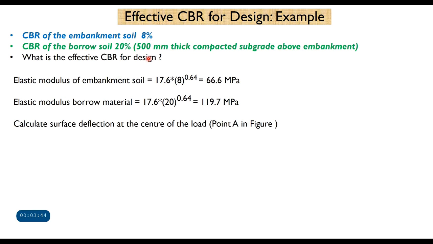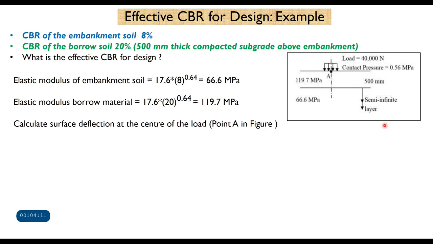For embankment soil, we determine the value of elastic modulus using this equation because it is more than 5%, and therefore we'll use 17.6 into CBR to the power 0.64, that is 66.6 MPa. And elastic modulus of borrow material is 119.7 MPa.